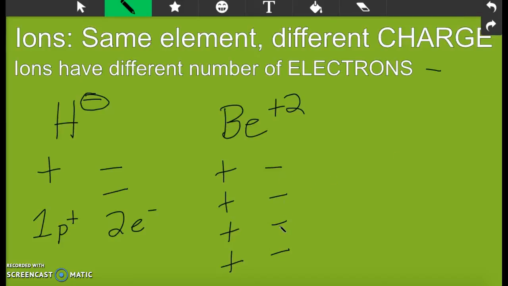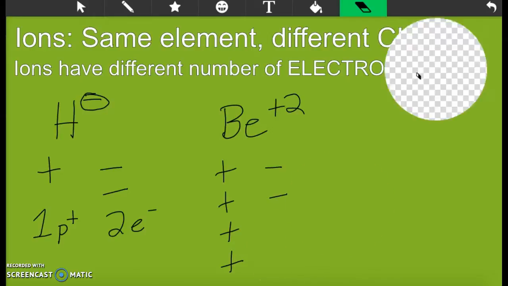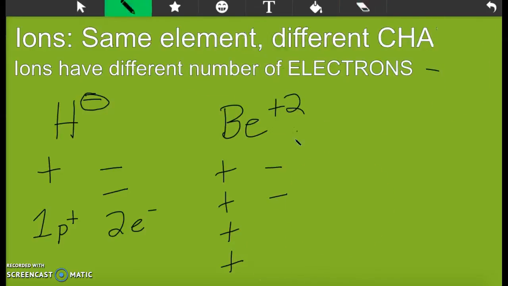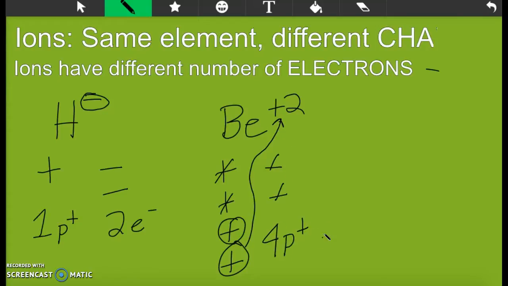So we need 2 fewer electrons. So in this case, we have 4 protons, 2 electrons, so these 2 cancel, and what are we left with? 1, 2, which is what we're looking for. So we still have 4 protons, and only 2 electrons.